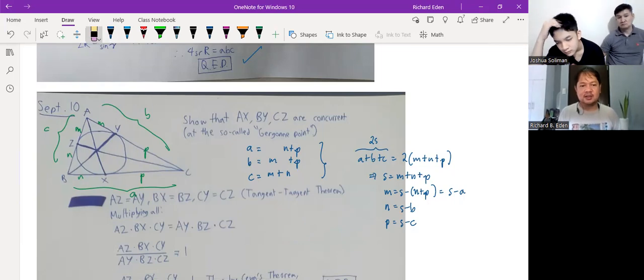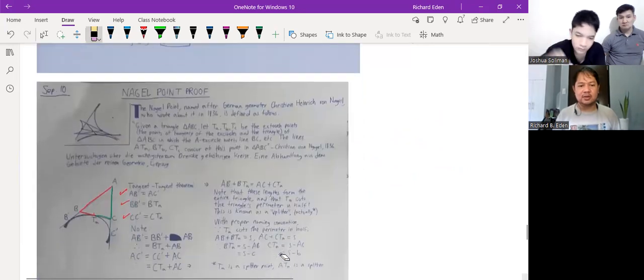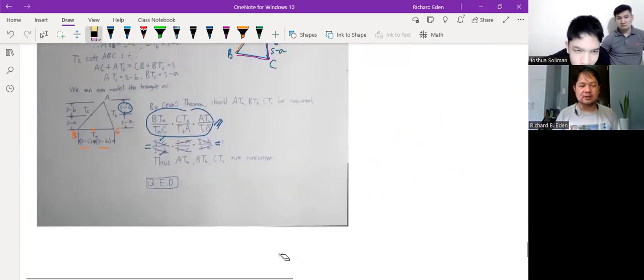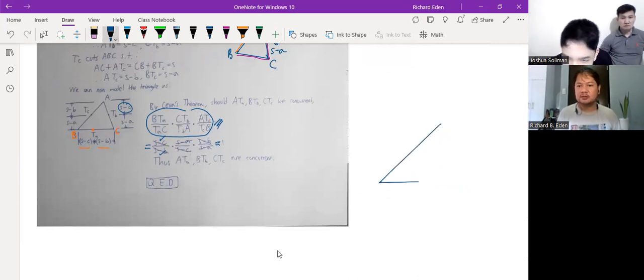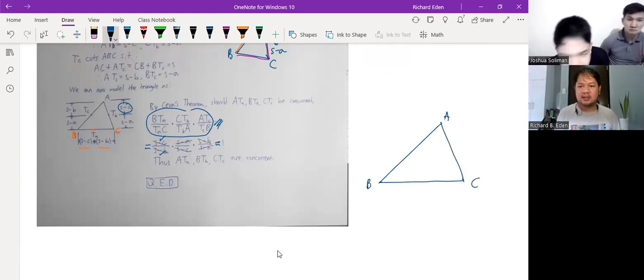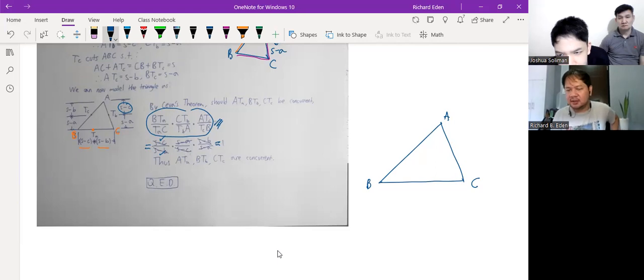But knowing these dimensions, let me go back to the figure that you made here. So let me just point it out. So you have A, B, and C. And then the incenter is the intersection of the angle bisectors.